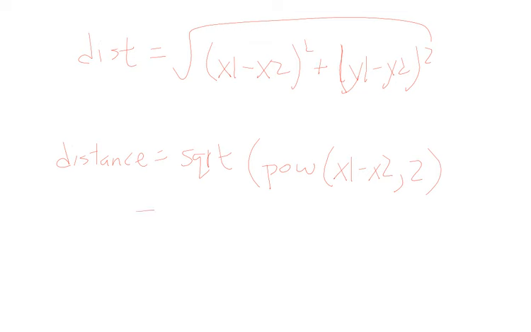Then plus power y1 minus y2, comma 2, right? And make sure your parentheses match up, okay? And then put a semicolon at the end. Remember the need to use the semicolons. All right, so this is an alternative.